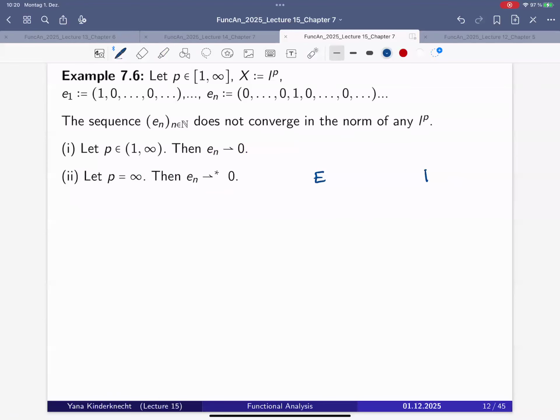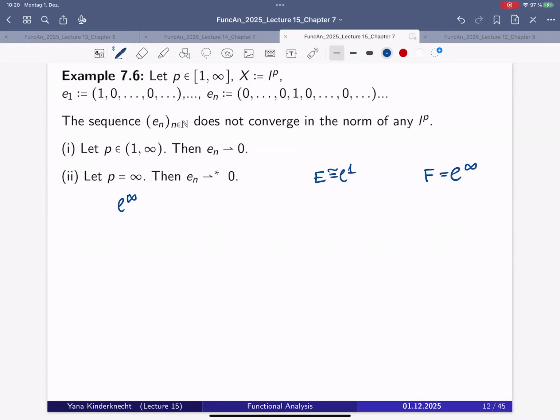What is my F in this story? E is LQ. F is LP. So LP is my L infinity. Is it E or F? F, yes, this is my L infinity. So what should be my E? L1. L1, okay.